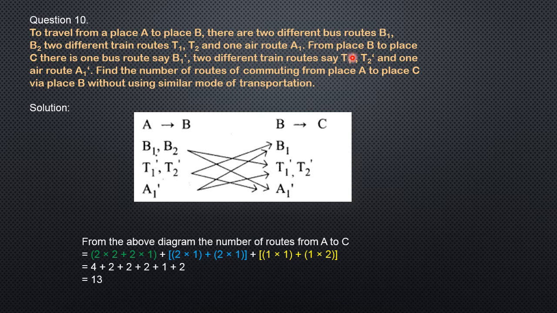From place B to place C, there is one bus route, say B1, two different train routes, that is T1, T2, and one air route, that is A1. Find the number of routes of commuting from place A to place C via place B without using a similar mode of transportation. So now I will consider the conditions. For A to B: two bus routes, two train routes, one air route. Next, from B to C: one bus route, two train routes, and one air route.